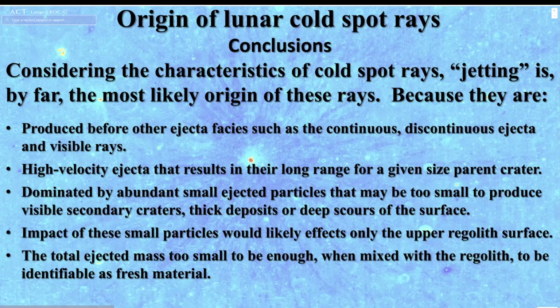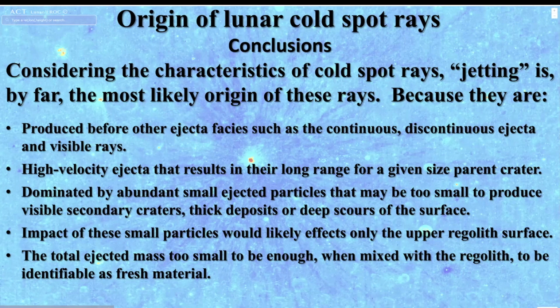So that results in a long range for a given size crater, dominated by abundant small ejected particles. So you need some kind of material to lift the regolith and impart space and fluff. But they might be small enough that they don't produce visible secondary rays or thick deposits.